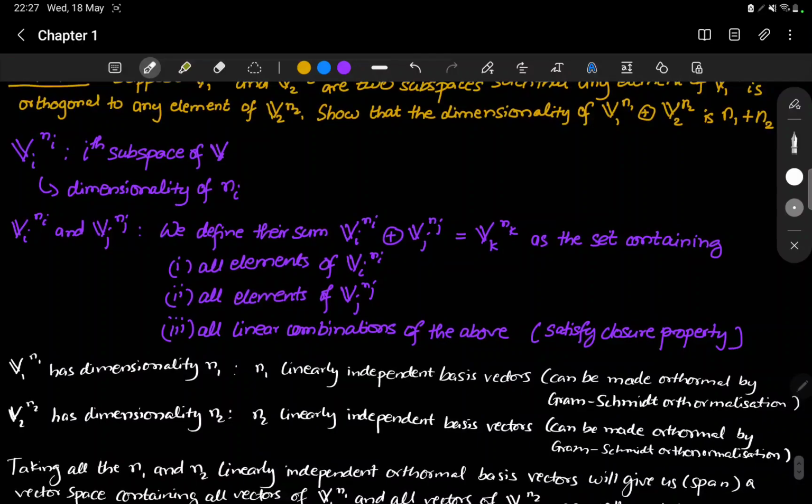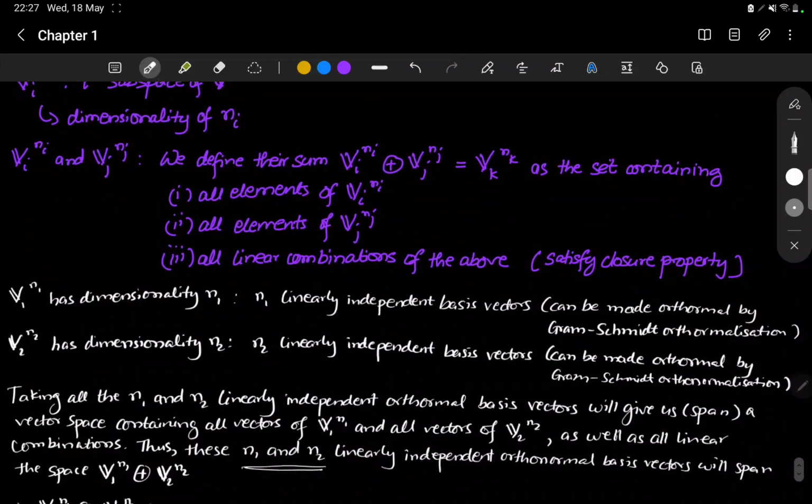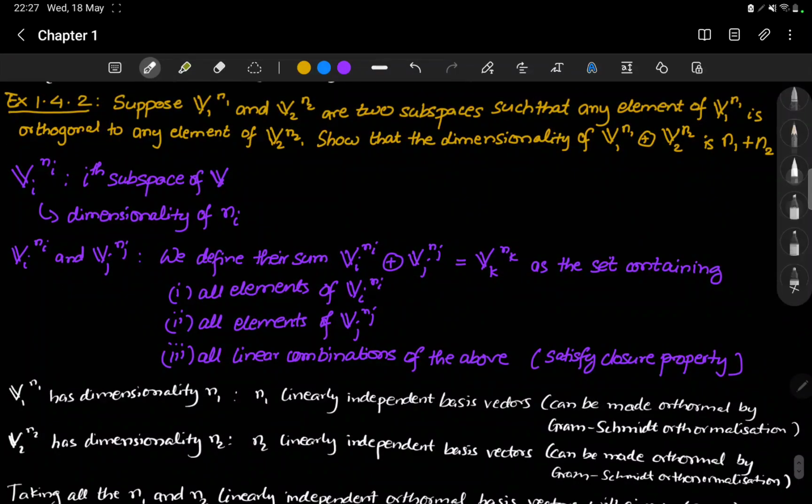Where have we used this property? We have used it here when we are considering the combination of N1 and N2. So N1 is linearly independent basis vectors and N2 is linearly independent basis vectors, but taking N1 and N2 together also forms a linearly independent orthonormal set. Why? Because each of these N1 is orthogonal to each of the N2. So let me write that down explicitly.